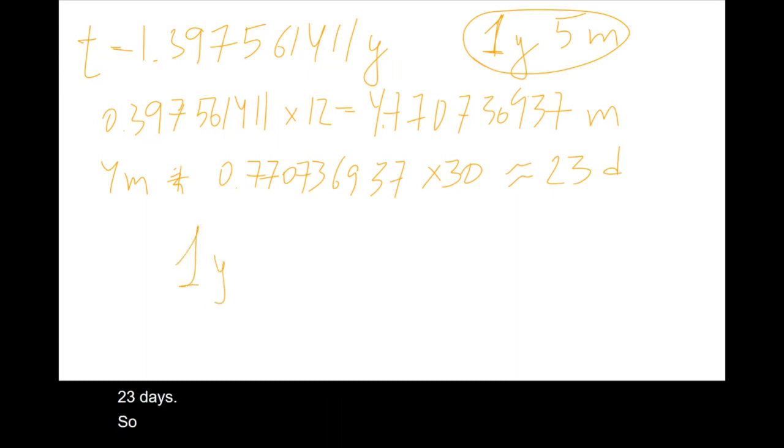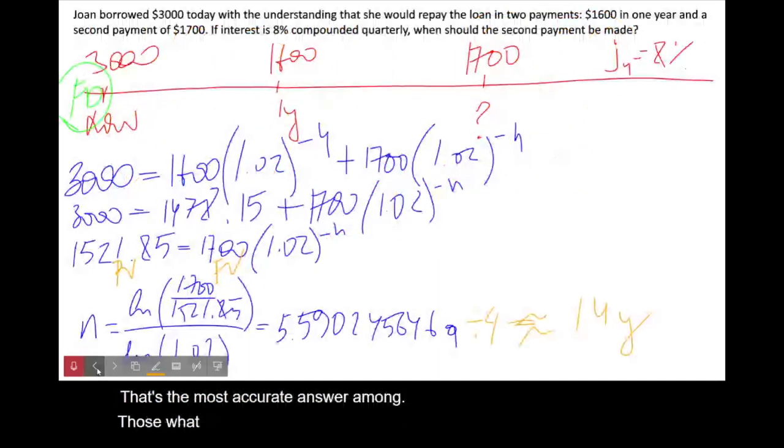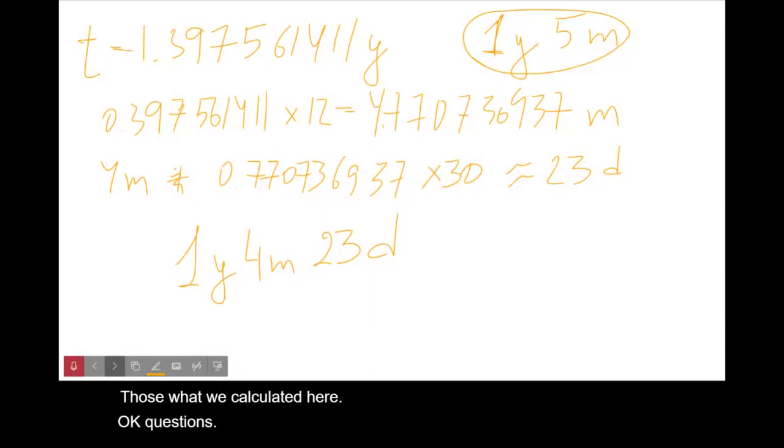So I can say 1 year, 4 months, and 23 days. That's the most accurate answer among those we calculated here. Okay, questions? Let me know when you're ready to continue.